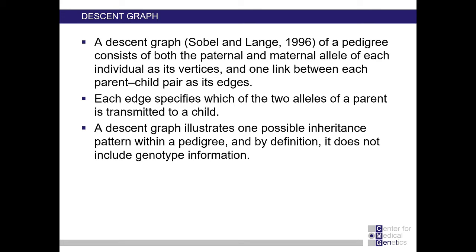Our pedigree consists of both the paternal and maternal allele for each individual as its vertices, and one link between parent-child pairs as its edges. Each edge specifies which of the two alleles of the parent is transmitted to a child. A descent graph illustrates one possible inheritance pattern within the pedigree, and by definition, it does not include genotype information.